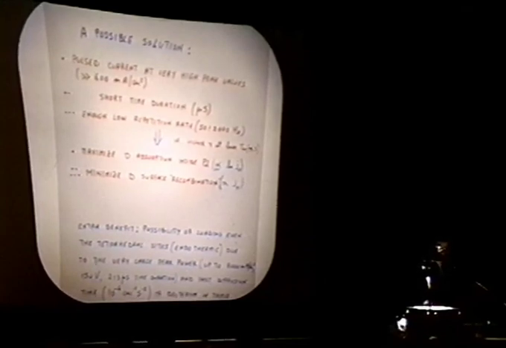In some way, we have to maximize the level of absorption because it is proportional to the logarithm of peak current, and to minimize the level of surface recombination because it is proportional just to the mean current value.